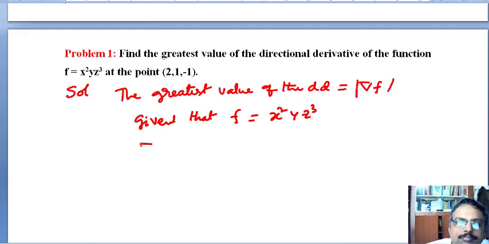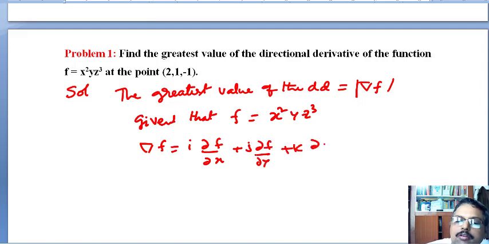What is del f? Del f equals i dou f by dou x plus j dou f by dou y plus k dou f by dou z. Now find the partial derivatives with respect to x, y and z.